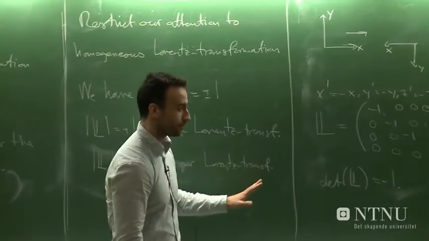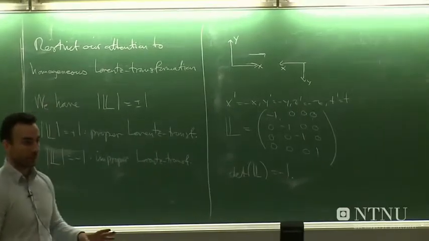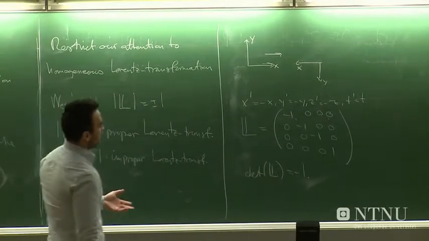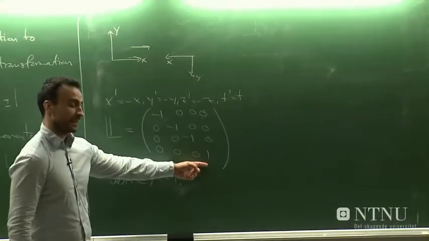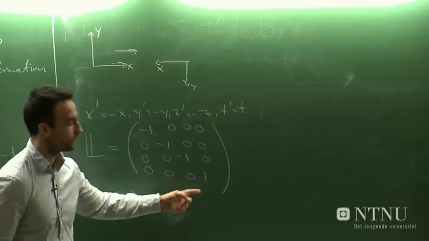However, we now have a fourth dimension to play around with, which can actually rescue us from this situation. Because we see that if we invert the time axis as well, the determinant becomes 1.